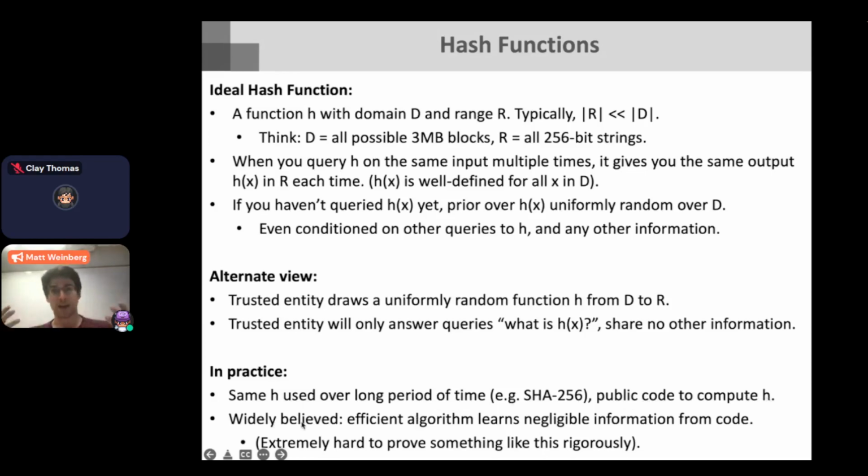So what makes the cryptography very hard is you have to really believe that even if I show you all of the code used to compute h, and even if I show you h of 1, h of 2, h of 3, h of 4, h of 5, still you don't have any useful information to predict what h of 6 is going to look like. Okay, so that's how you should think of a hash function.